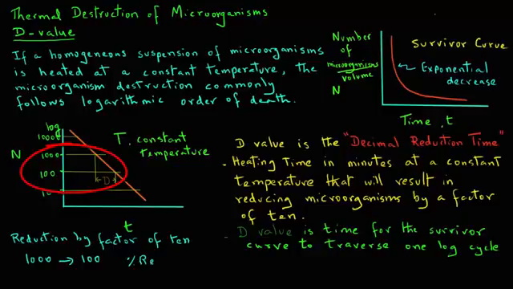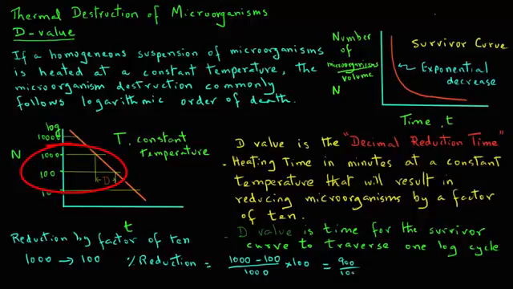If we wanted to know the percent reduction in microorganisms during one log cycle, we can take 1,000 minus 100, that is the decrease during that one log cycle, divided by the initial number of microorganisms.